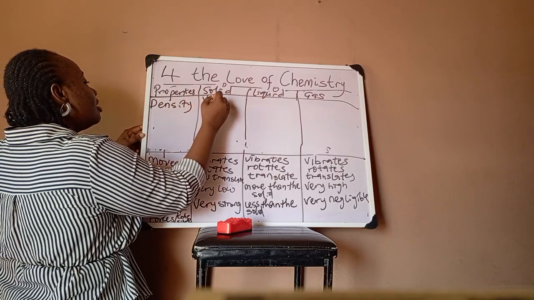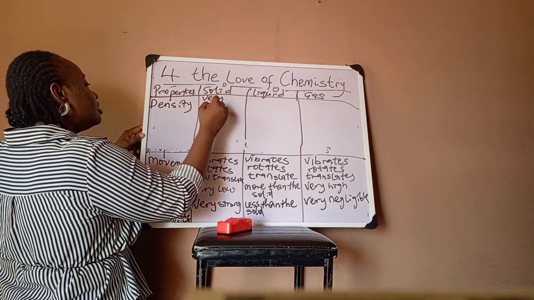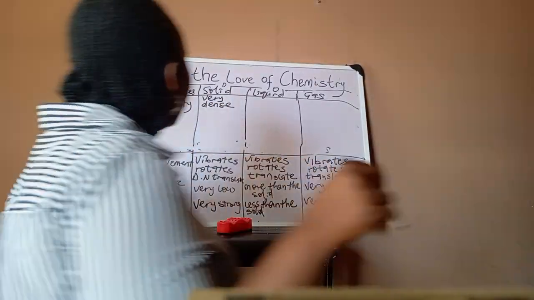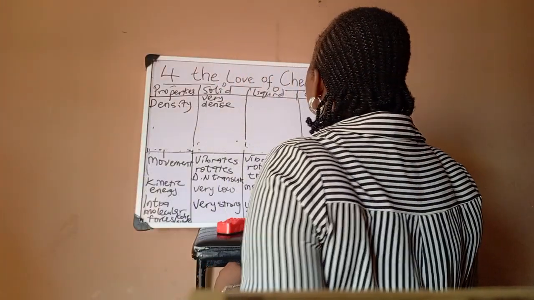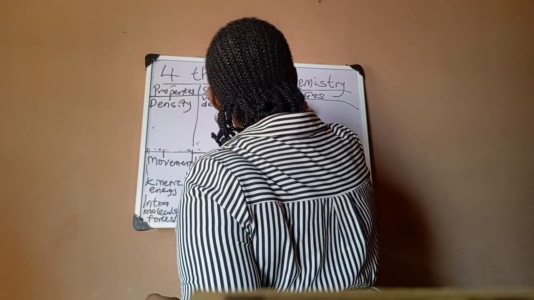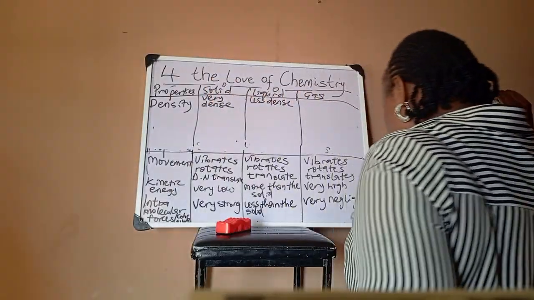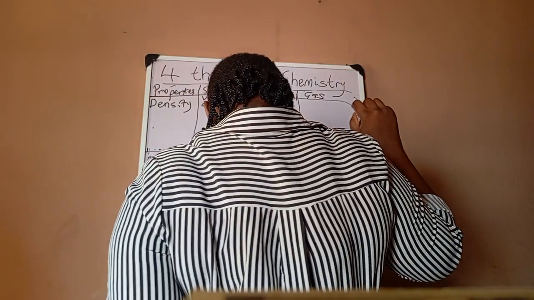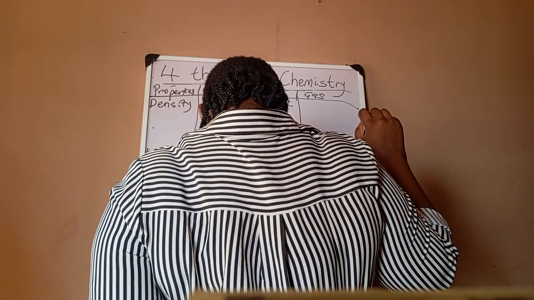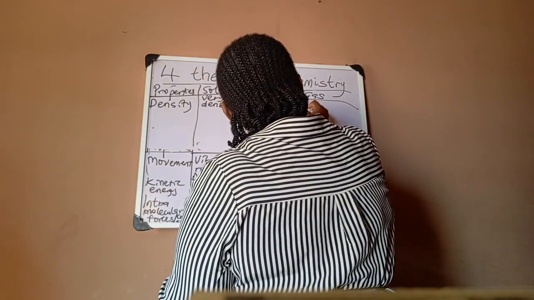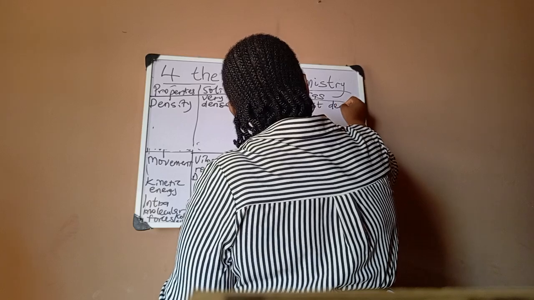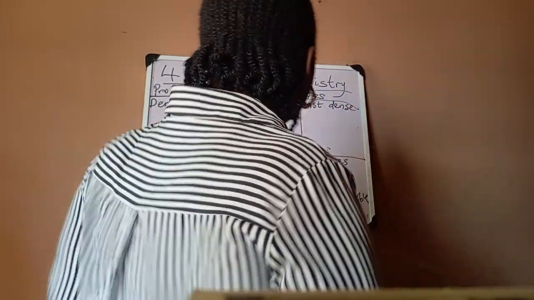This is very dense, and density is mass over volume. Very dense, less dense, the least dense.